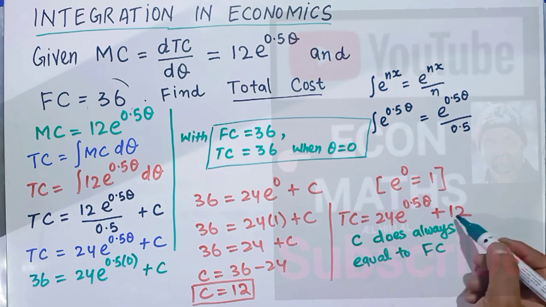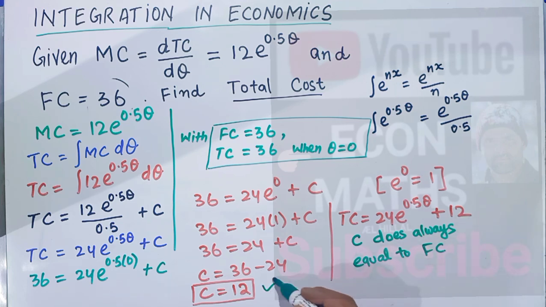Why? As we have seen here, the value of c came out to be 12, but fixed cost was 36. So the constant of integration cannot always be the fixed cost when we take the marginal cost and total cost into consideration.